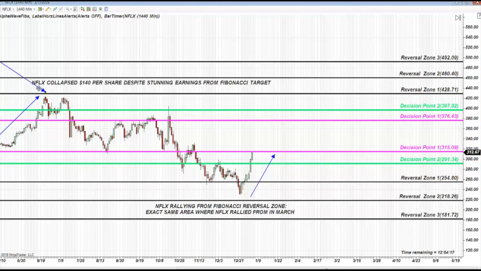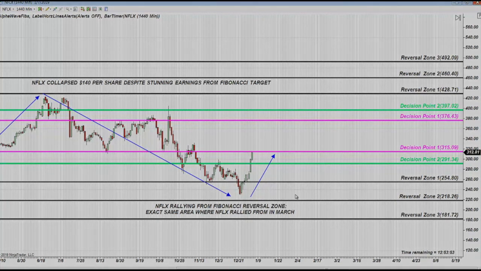And that's a dance on Netflix, just like on Apple, just like on Tesla. If trading on fundamentals worked, every single person on the planet would be Bill Gates. It does not. What works is pure price and Fibonacci. What works is reversal zone.